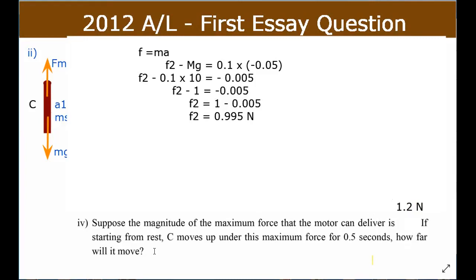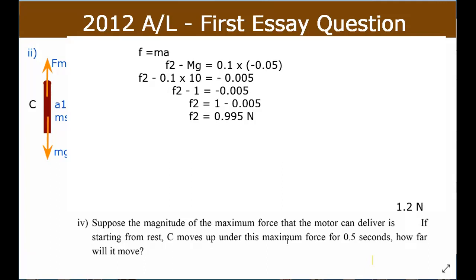If starting from rest, C moves up under this maximum force for 0.5 seconds, how far will it move? Can you understand it? Suppose the magnitude of the maximum force the motor can exert on C is 1.2 Newton.